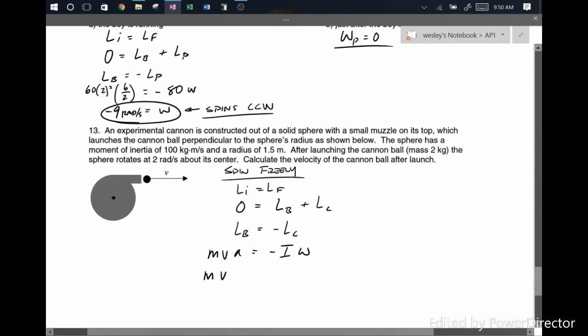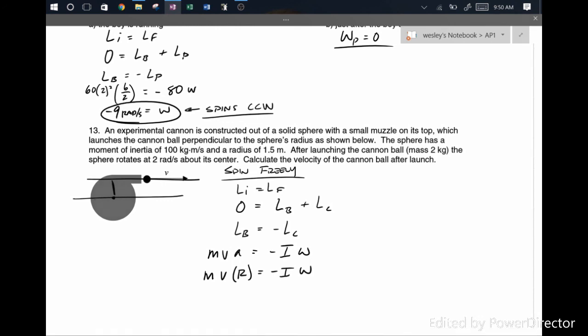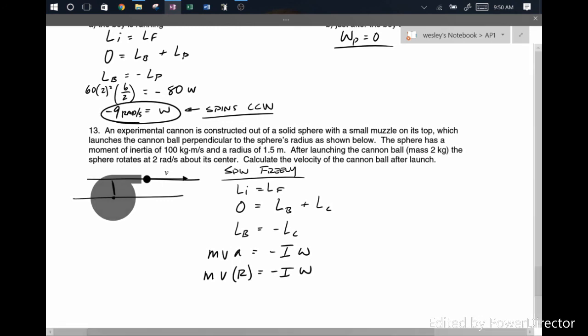So for the ball, mass of the ball times the velocity of the ball. The a in this case is the distance between the line of action and the radius, the line of action and the edge of the cannon. That's just the radius. And that's equal to negative I omega. It gives all those numbers. So we want the velocity of the cannonball after launch. The cannonball has a mass of 2 kilograms.